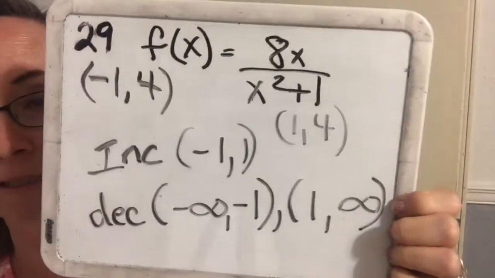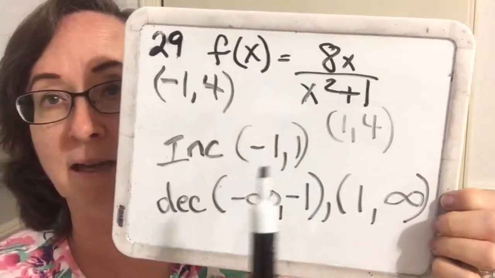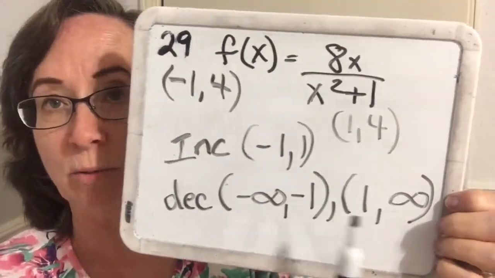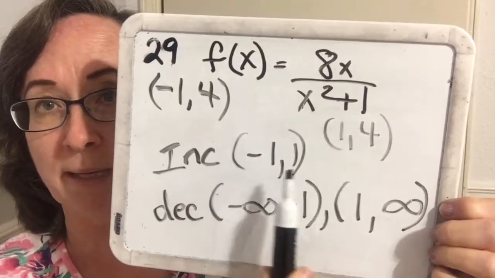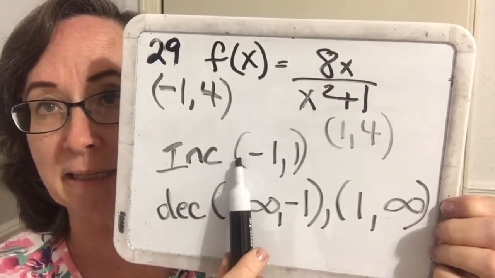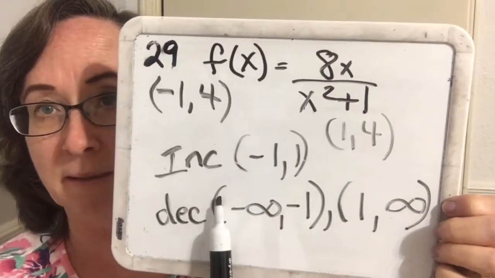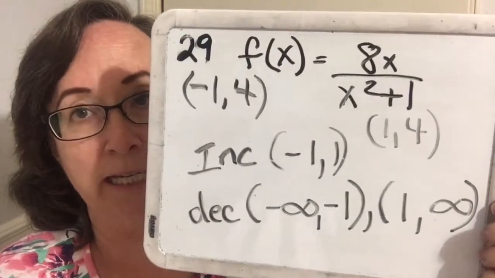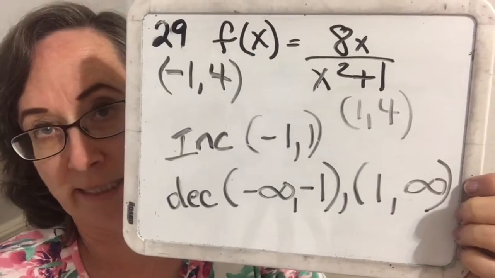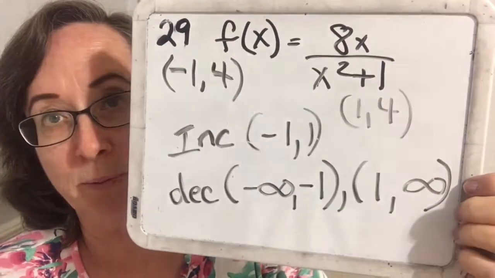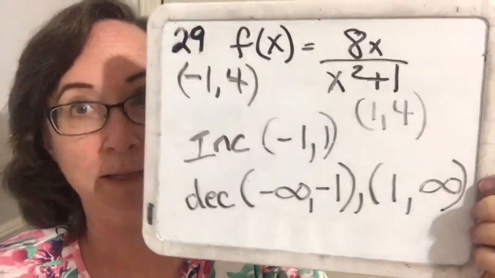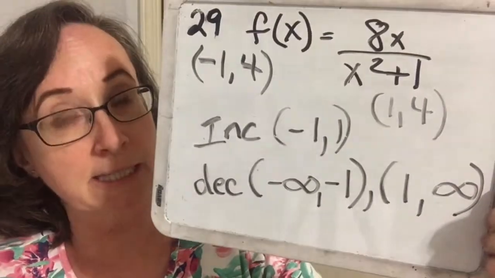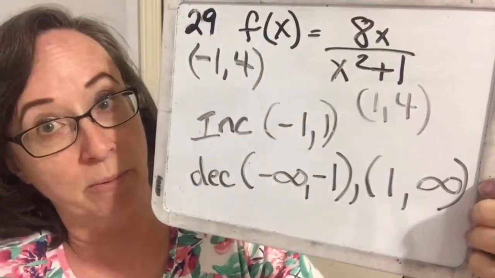Okay, and this is what the book had for the answer. Notice again, don't be upset or worried about what you do at the endpoints here. Increasing, open, open, open, open. They'd never include the endpoints when they're talking about increasing or decreasing. Just leave them open parentheses because you're talking only about where it's increasing or decreasing and not the turning point.